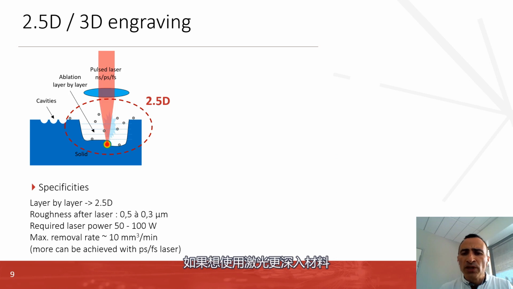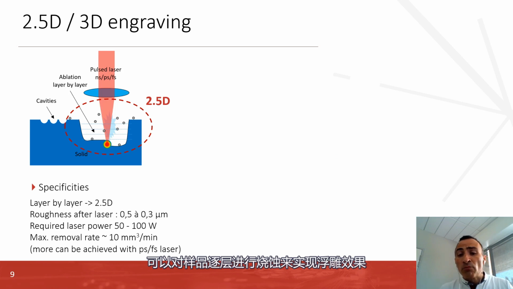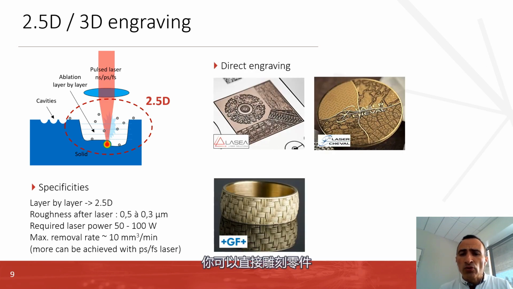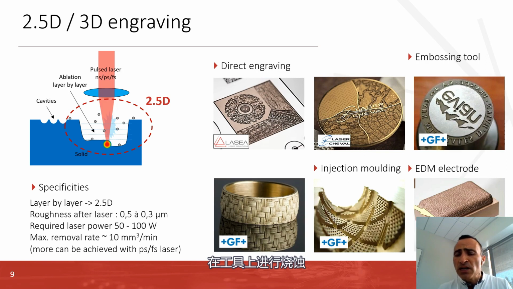If you want to go deeper into the material, you can ablate layer by layer in order to achieve some bas relief on the target, like that, for instance. So you can engrave directly the part, or you can ablate on the tool. For instance, this is an embossing tool engraved by laser. This is an EDM electrode, and this is a 3D mold for injection molding.